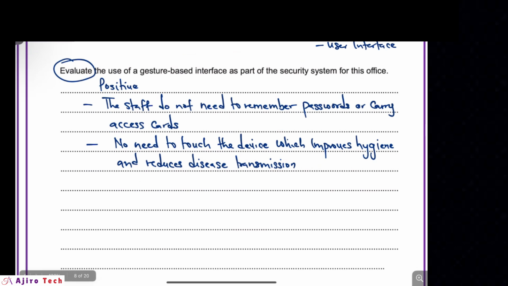Okay, so let's talk about the negative. It is the sad reality, but if I have to wave my hand like this and it opens, you better believe, I wish you can see me while I'm waving my hand, right? You better believe that the next person will just wave his hand too, and it might grant access. Because gesture is looking at the movement, not facial. It's not biometrics. It's looking at the movement, right?